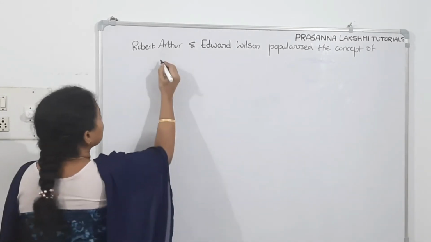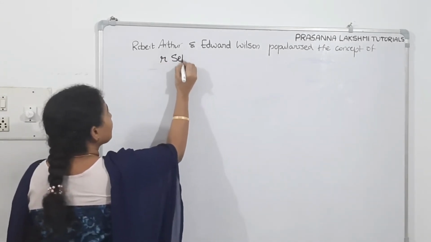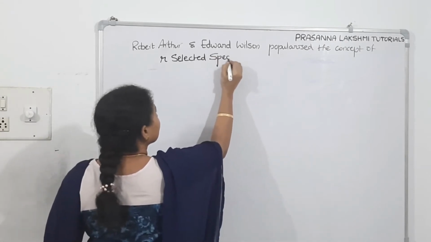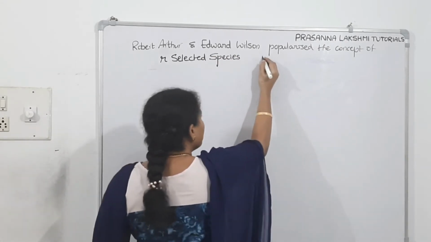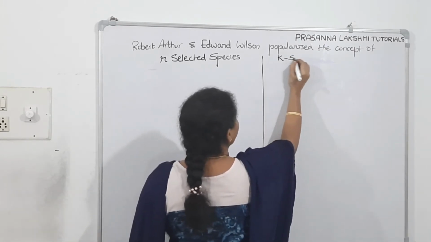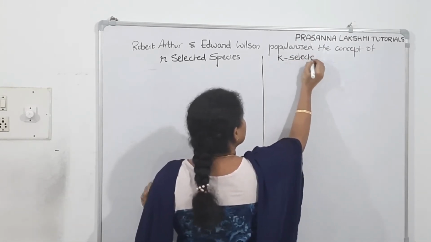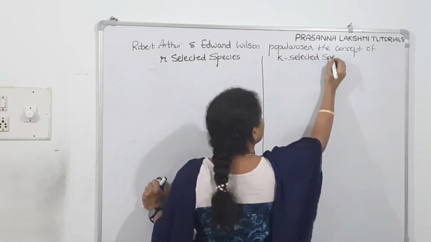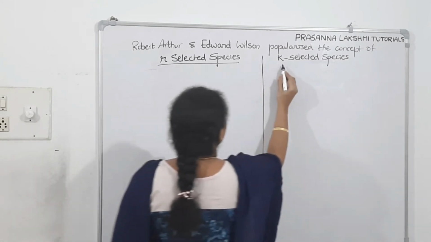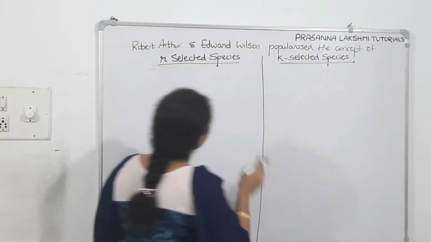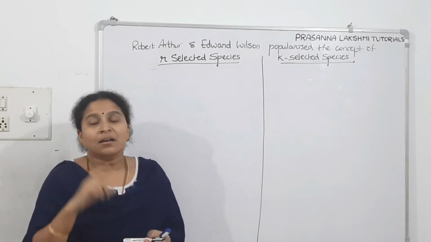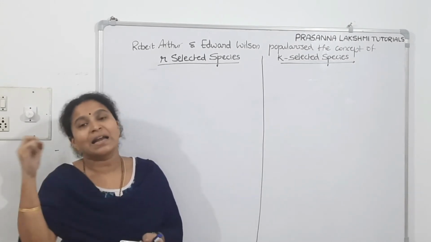They popularized the concept of R selected species and K selected species. We will do a comparative study so that we can understand better. Now remember, R selected species are reproductively selected species. K selected species are the species which are with the carrying capacity.